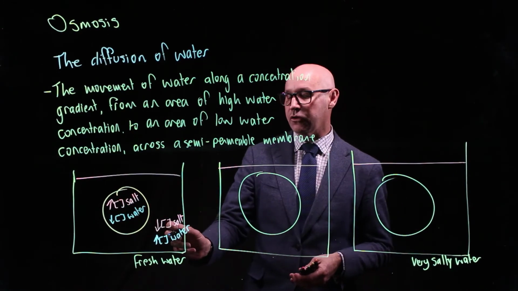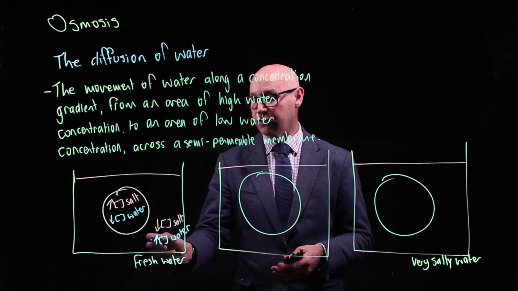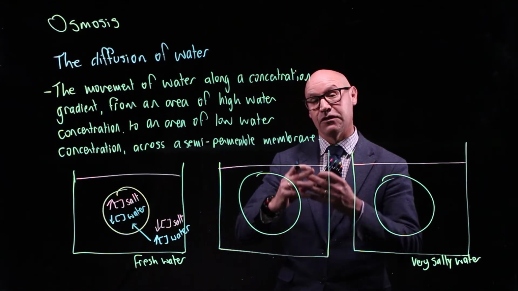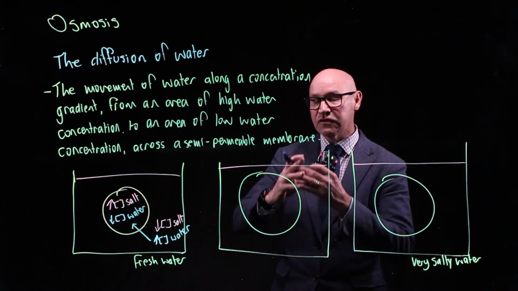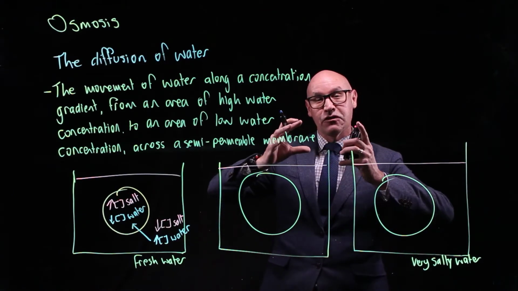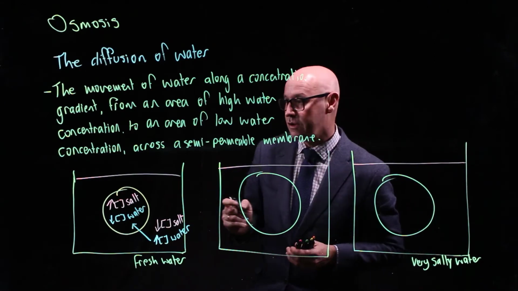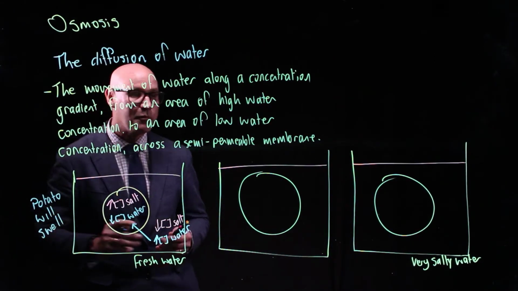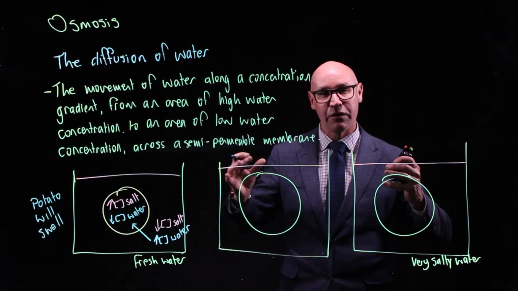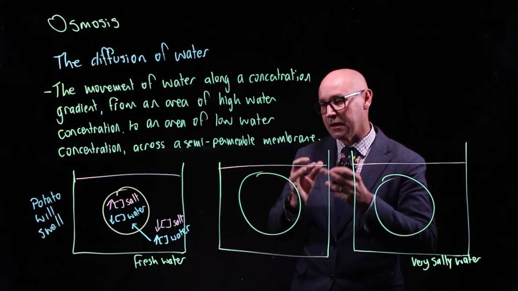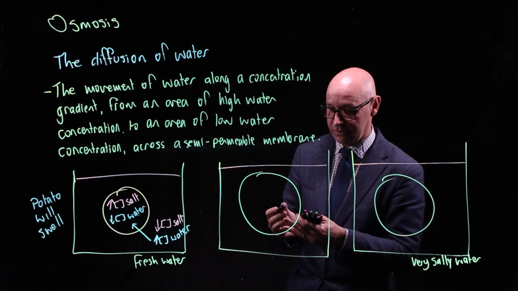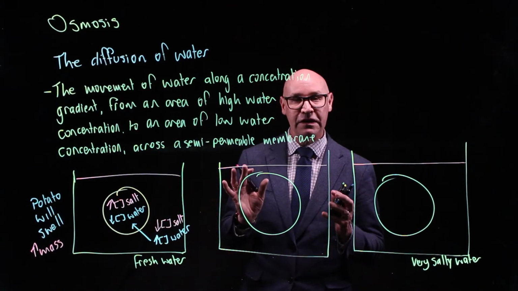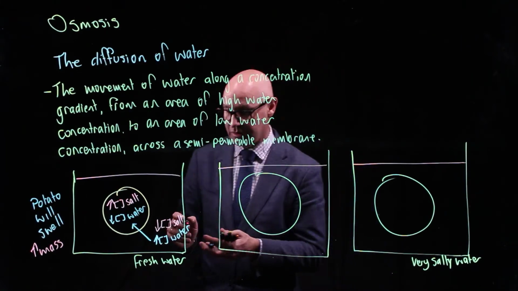So it's going to then move into the cell or into the potato, into the cells of the potato. So what's going to happen to the potato then is it's going to swell. Why will it swell? Because more water is going into it, so it's going to swell up. It's going to increase mass and it's going to get heavier. So the water is entering the potato.